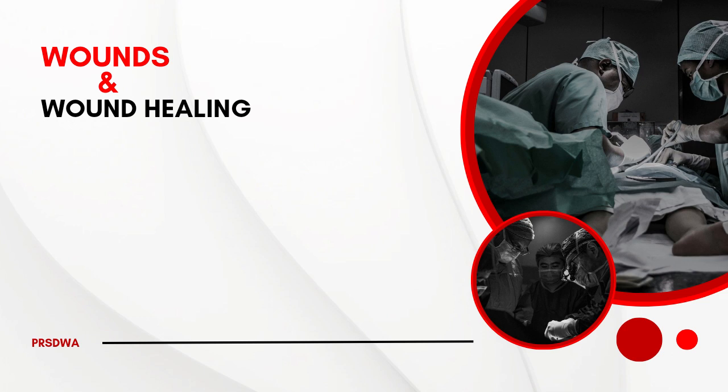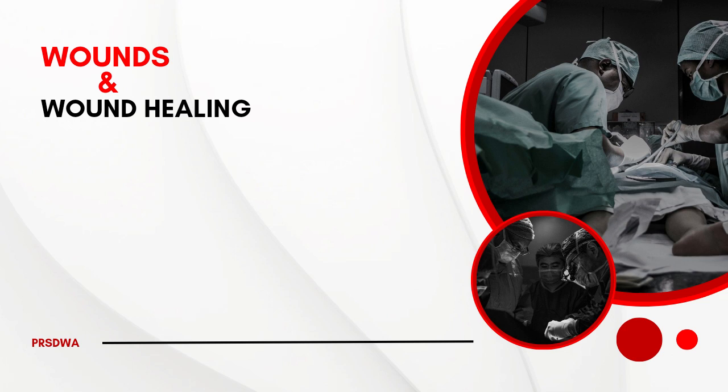Then we have the clean contaminated wound, in which a hollow viscus is entered under sterile conditions, however with minimal spillage of intestinal content. Examples of the clean wounds that we mentioned, where we don't enter any hollow viscus, are lipoma, mastectomy, and excision biopsy for some superficial lesions.